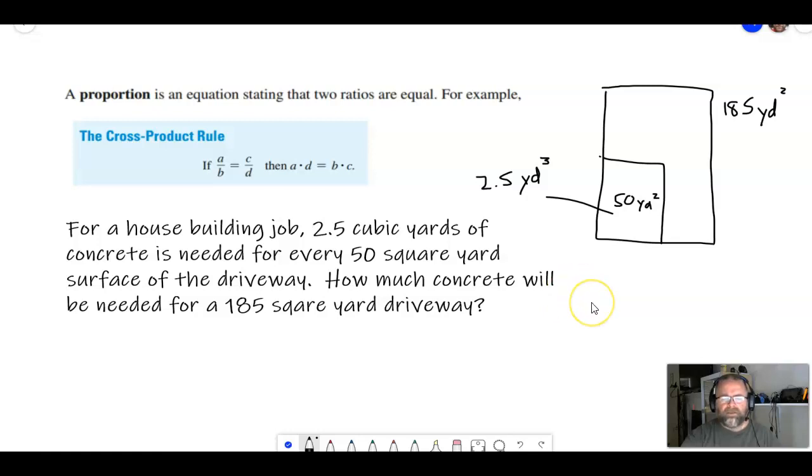All right, so let's go ahead and set this up as a proportion. What we want to do is set the ratios up with things that we know, and then the variable that we want to find. So I know that for every 2.5 cubic yards, it covers 50 square yards.